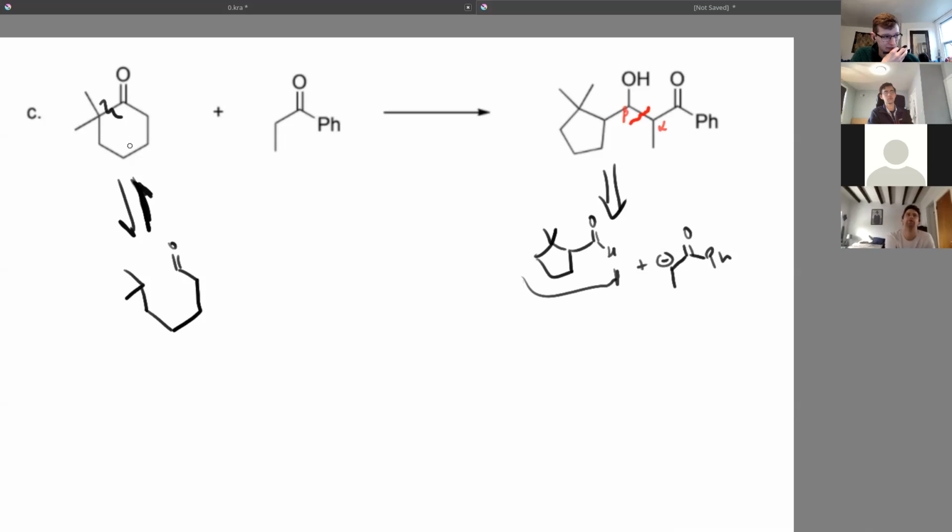So that won't work, but maybe we could do something else. Okay, so could we, is it possible that the double bond was on the other side, the other alpha carbon on that carbonyl?